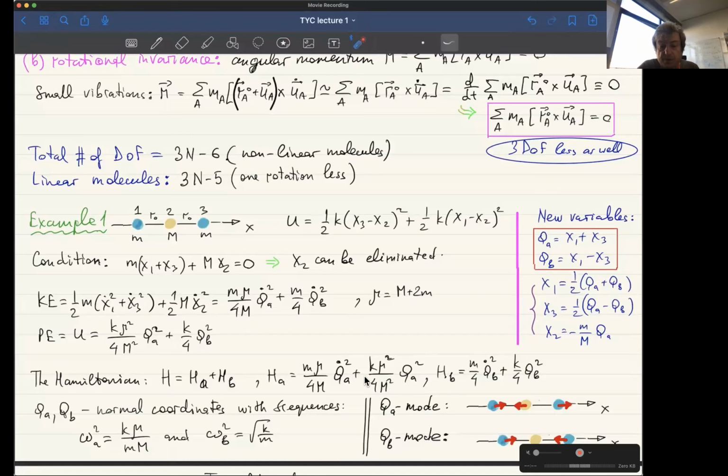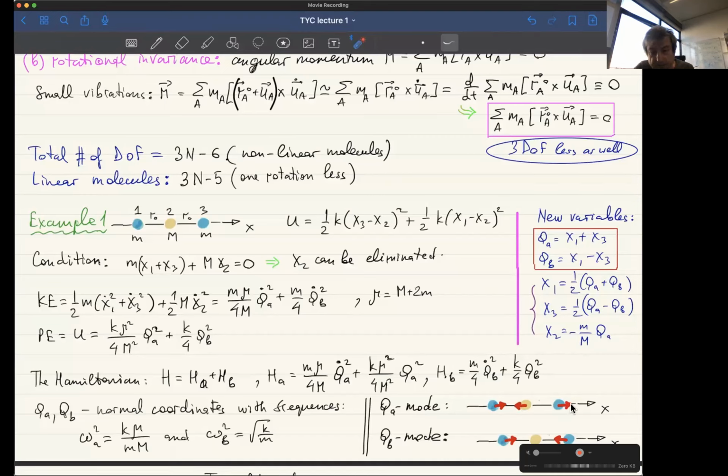And then once we know these vibrational frequencies, we can have a look at what happens to the atomic displacements when we excite just 1 vibration. For instance, let's excite just QA. So QB is 0. So when we excite QA, suppose QA is positive, x1 goes in the positive direction, x3 goes in the same positive direction, but x2 goes into the negative direction. And you see, this would be that mode.